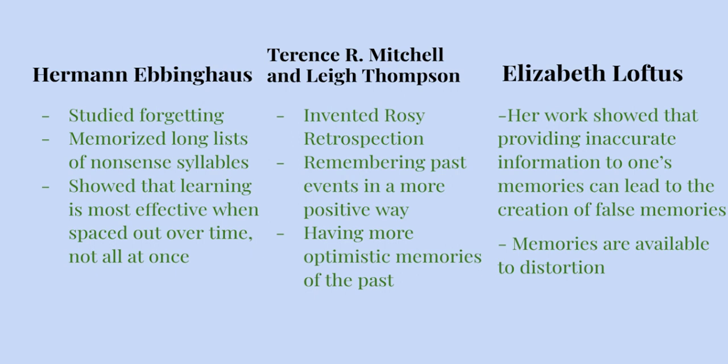Terence R. Mitchell and Leigh Thompson, they invented rosy retrospection, which is that we remember past events in a more positive way. And we also have more optimistic memories of the past. And then Elizabeth Loftus, she showed that providing inaccurate information to one's memories can lead to the creation of false memories, and that memories are available to distortion.